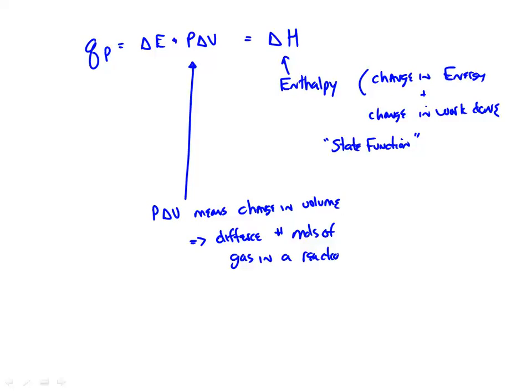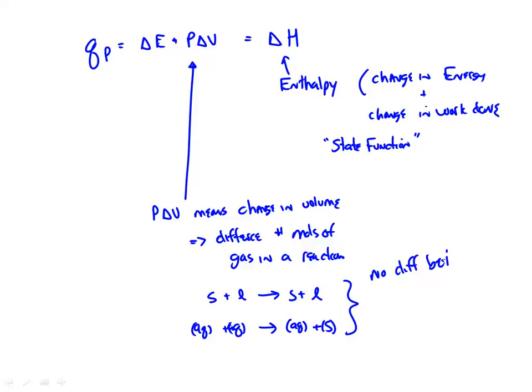So for example, if you have a solid plus a liquid going to a solid plus a liquid, or you have two things that are aqueous here and two things that are aqueous here going to something that's aqueous, in a solid, there's no difference between QP and QV. Meaning if there's no change in volume, if there's no work done by gases, then the measurements are exactly the same, right?